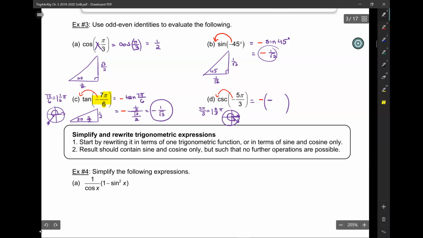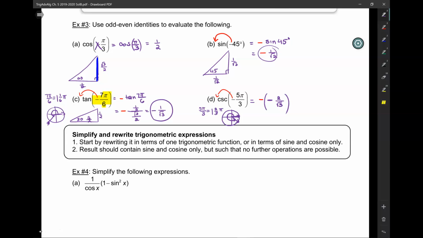Negative. So I need to put in that other negative there. That makes or breaks the problem here. Now I need the cosecant of the 60 degree. Cosecant is like sine, so we're going to use the vertical side, but cosecant is the reciprocal, so it will be 2 over root 3.